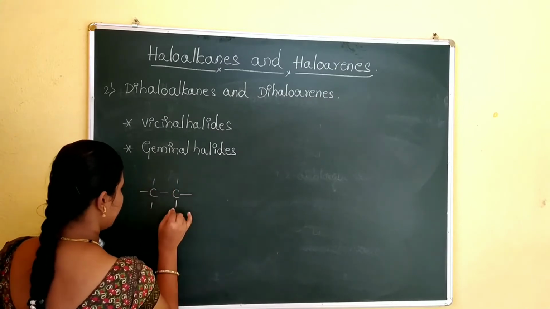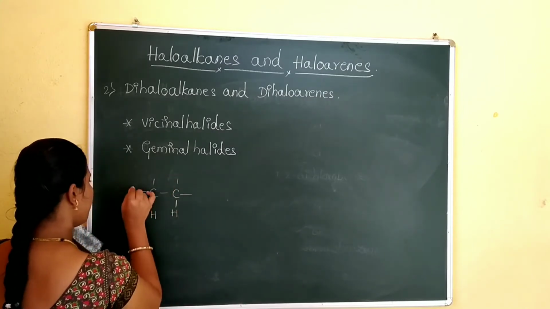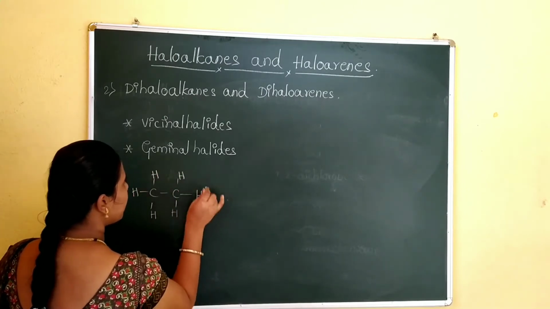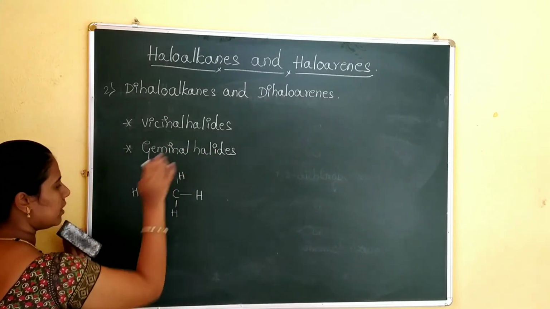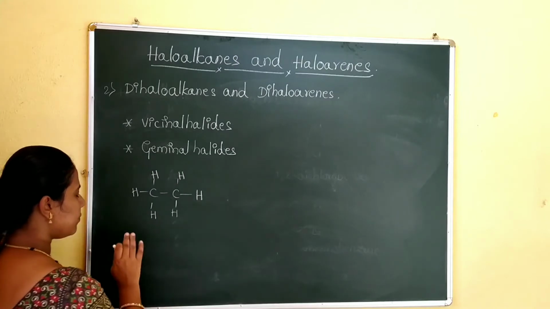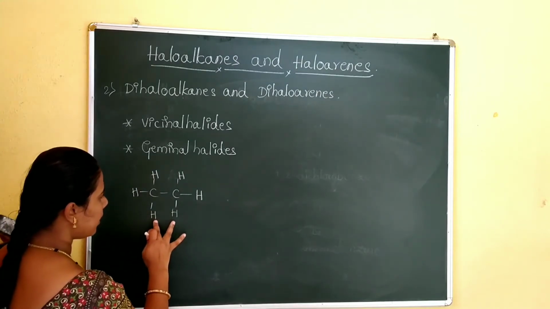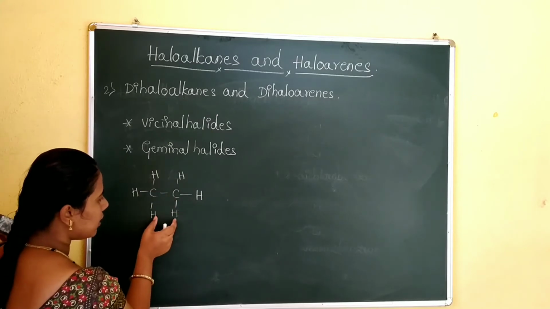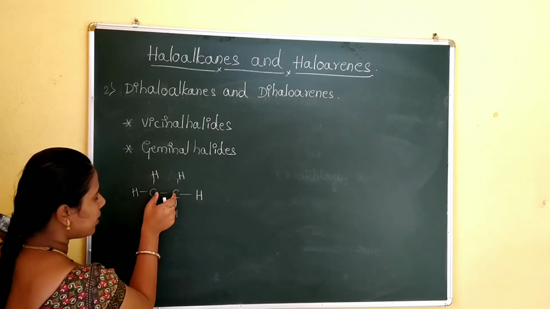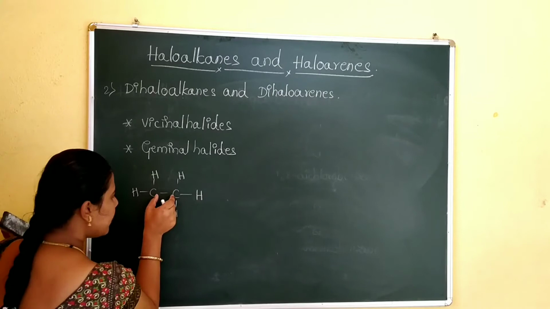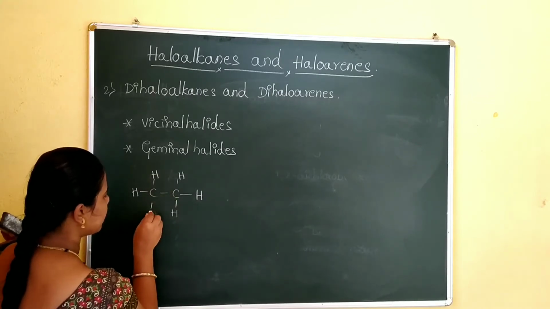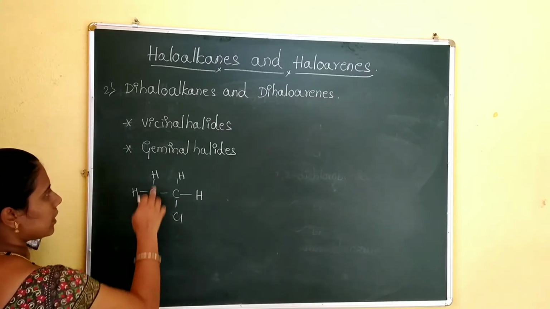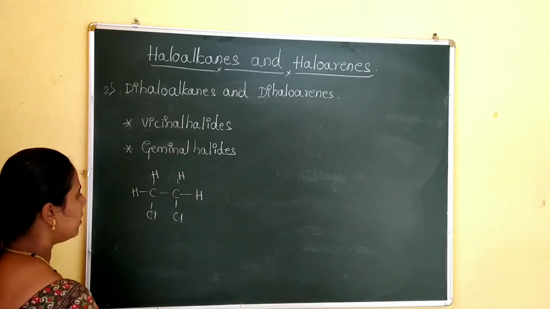This is ethane. What is meant by vicinal dihalide? See here, if two hydrogen atoms of the adjacent carbon atoms are replaced by halogen atoms, then it becomes a vicinal dihalide.